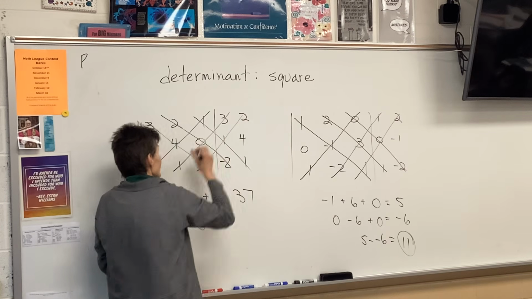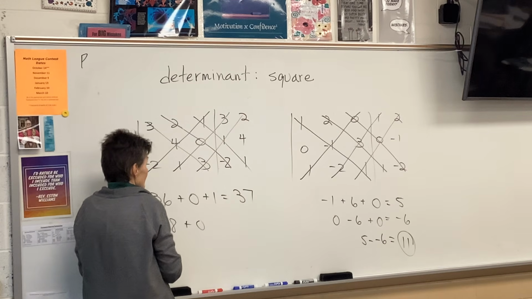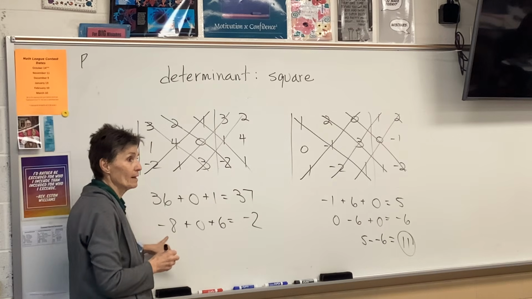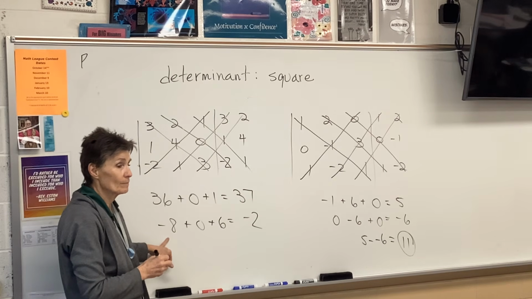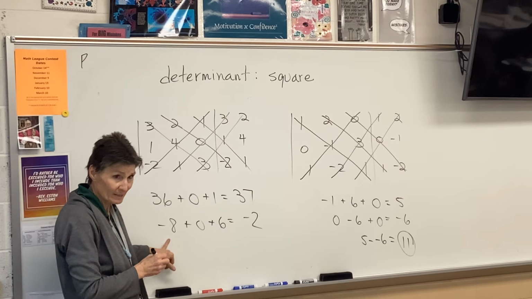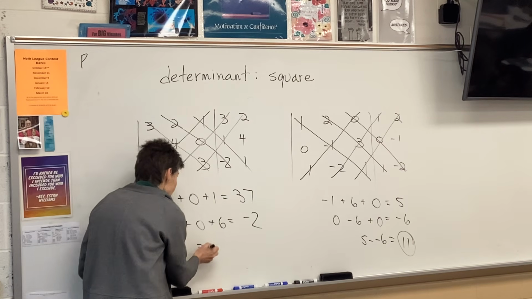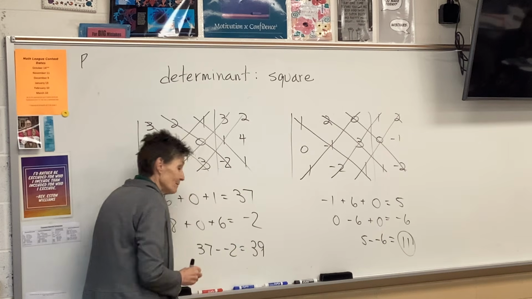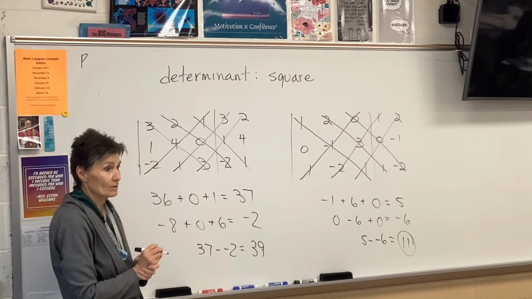And these three will make a 6. So that gives me a total of -2. And then to get my final answer, I take 37 minus -2. So the determinant value is 39.